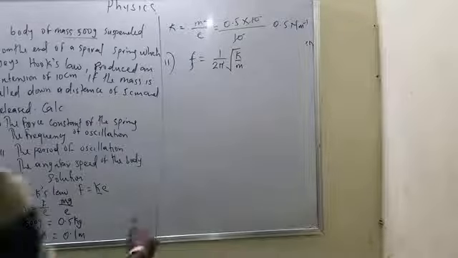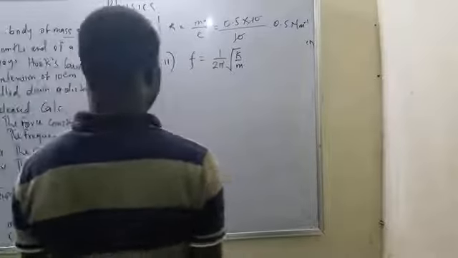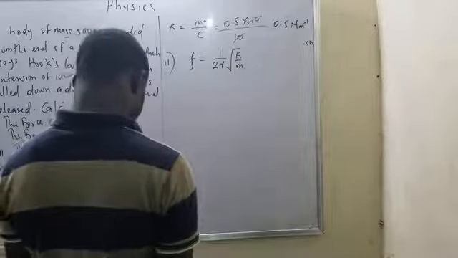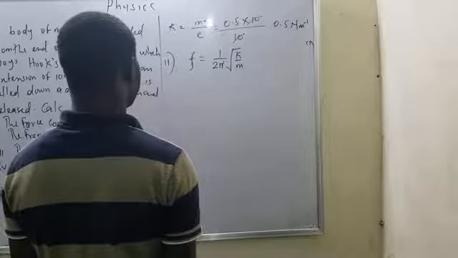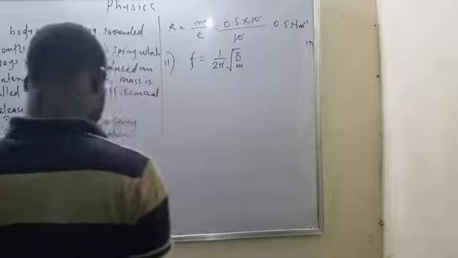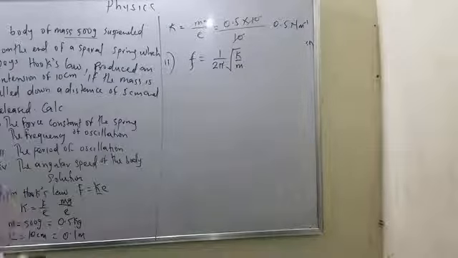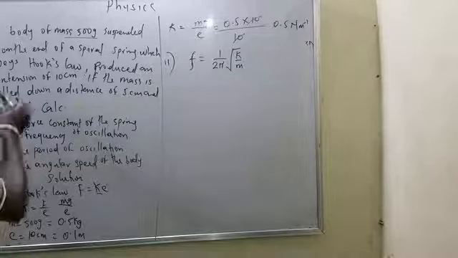We all know what my 2 pi is. Now with this, I can continue because we have 50 as my k. My k is 50.